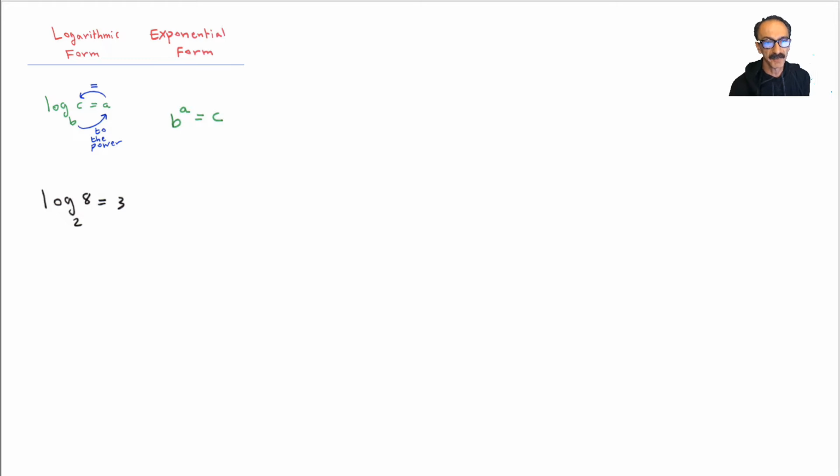If you have log 8 base 2 equals 3, how could you write this as exponential? Try to follow this rule. I'll give you a few seconds to think about it. Read this, apply it here, and think, what should I write here?